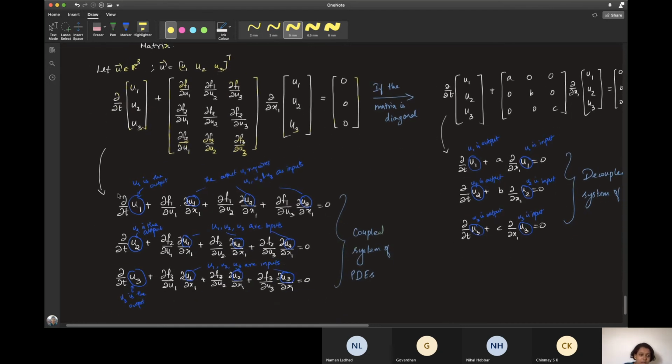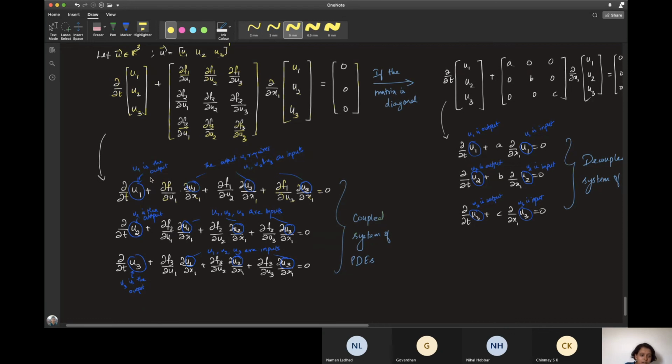If you write out each equation separately, it becomes dou by dou t of u1 plus dou F1 by dou u1 into dou u1 by dou x1, plus dou F1 by dou u2 into dou u2 by dou x1, and so on. Similarly, you will have three such equations.